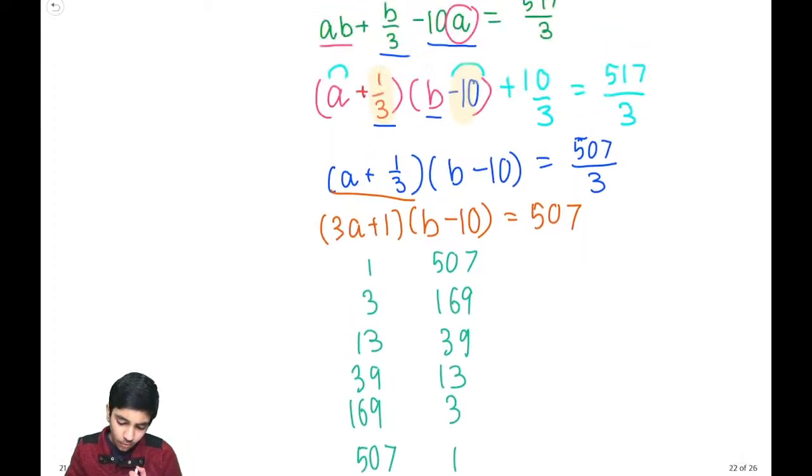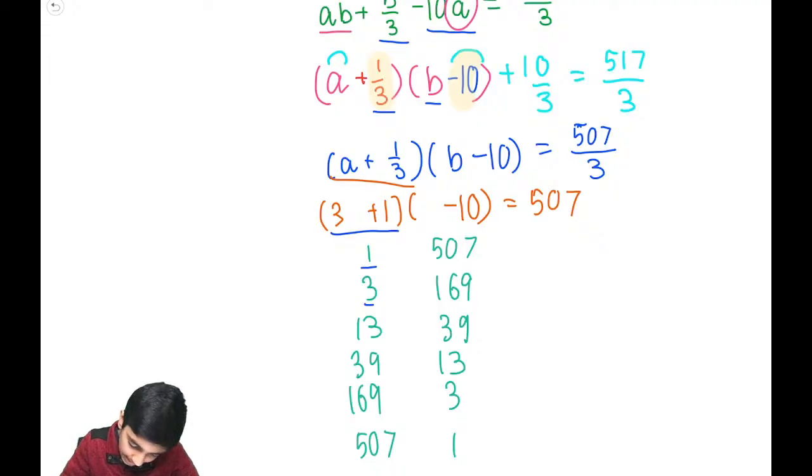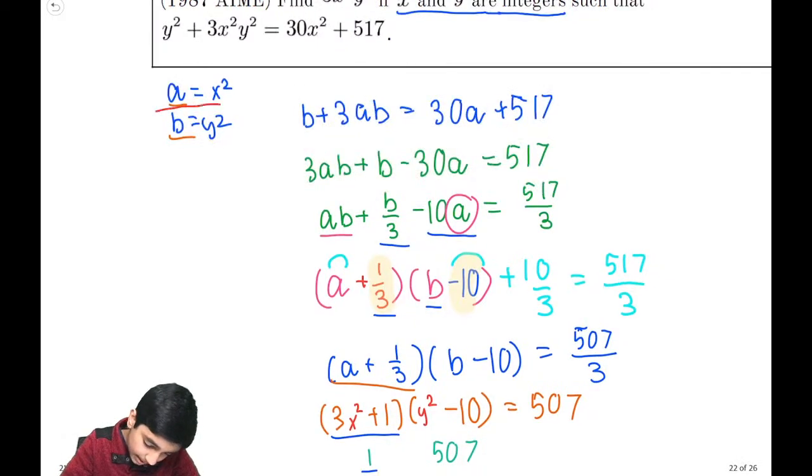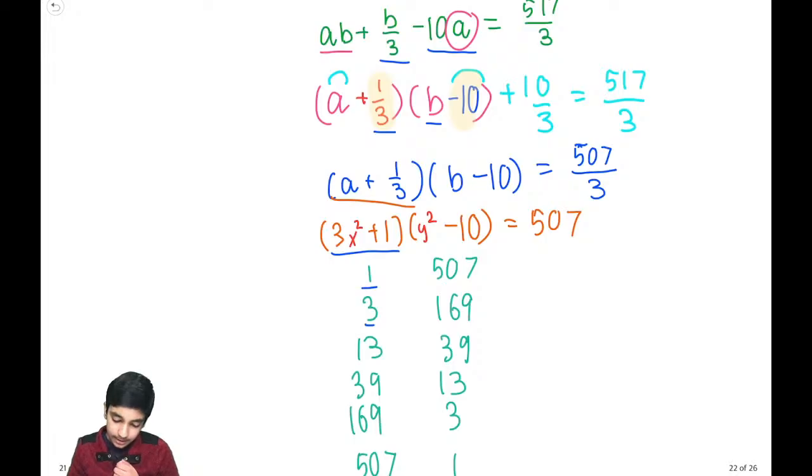Okay, so firstly, we know that it has to be of the form 3a plus 1. So that means each of these terms has to leave a remainder of 1. Let's substitute back, just to make it a little bit more clear. So 3x squared plus 1 times y squared minus 10, because we just made these substitutions in the beginning.